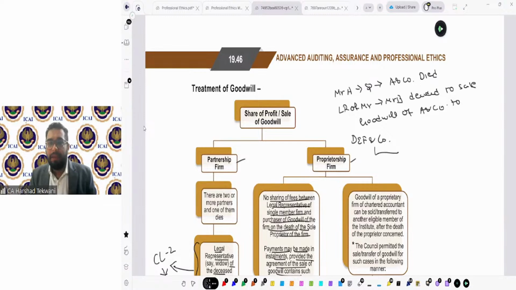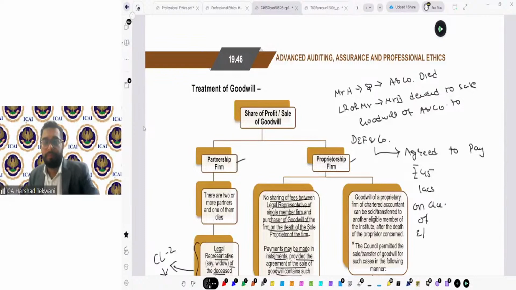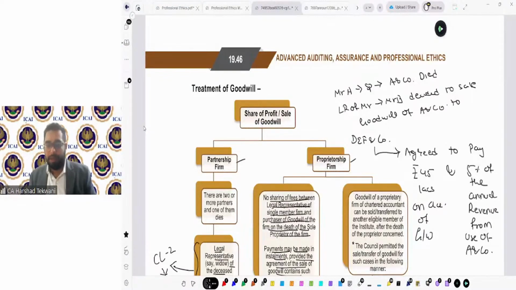DEF company agreed to pay rupees 45 lakhs on account of goodwill, and 5% of the annual profits, or 5% of the annual revenue, from use of the A&P company brand, trademark, or firm name.